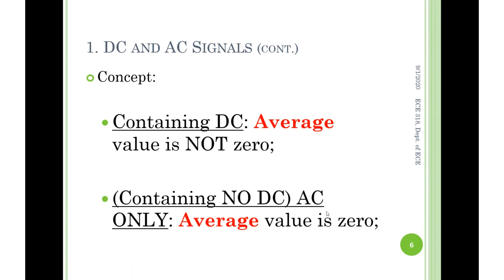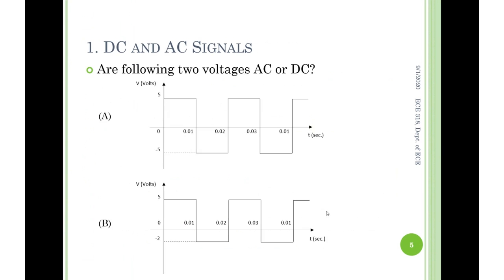It does not matter. What matters is the average value. The average value for purely AC is absolutely 0. Average value is 0, then no DC, only AC, just like signal A, where we can see the average value is 0. So it's purely AC, no DC at all.